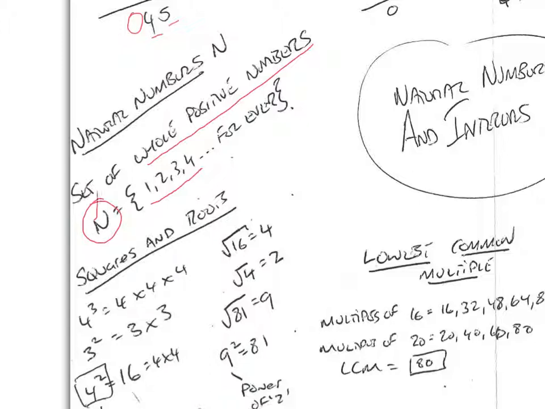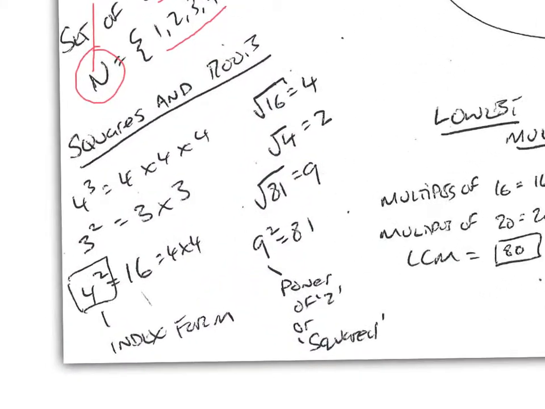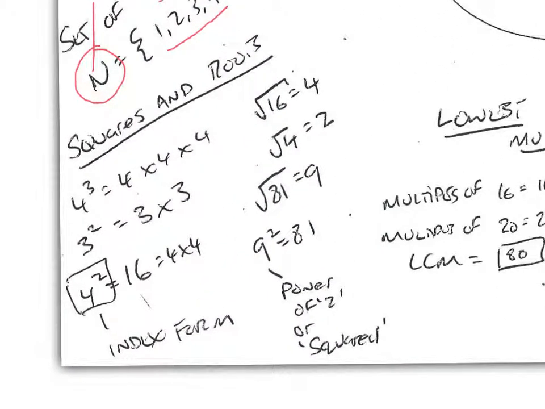If we move on to look at squares and roots, we can see that we use a different type of mathematical notation where we have a base number to the power of another number. Okay, and if that power is a 2, it's squared. If it's a 3, that power is known as cubed.